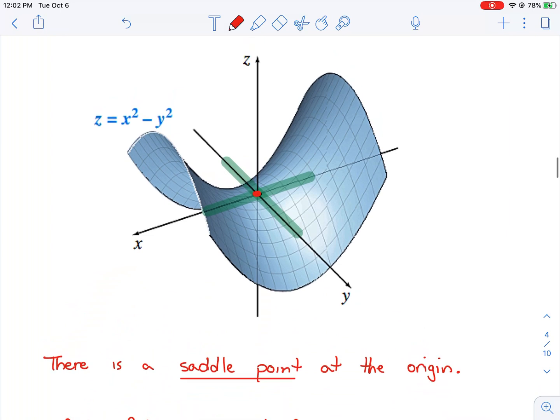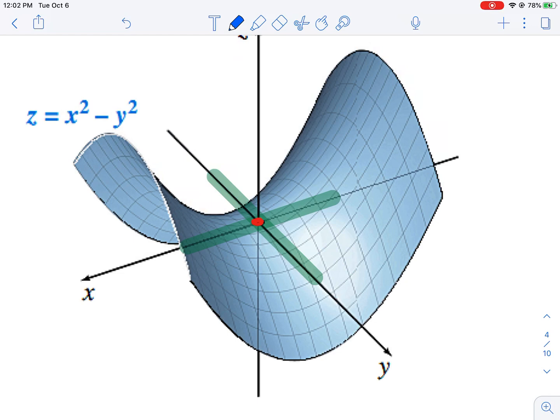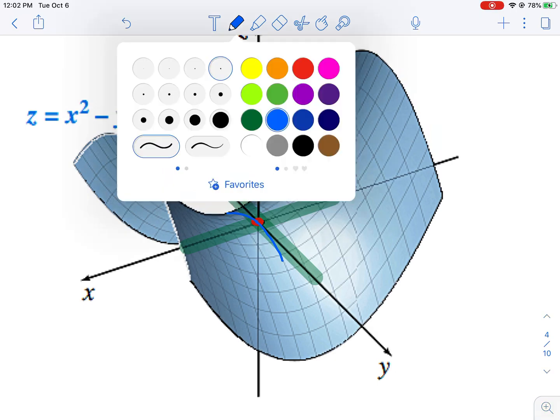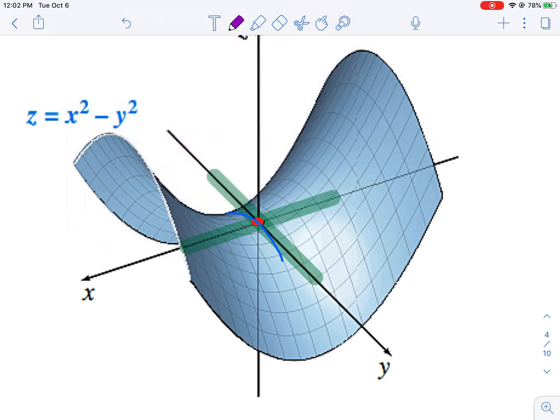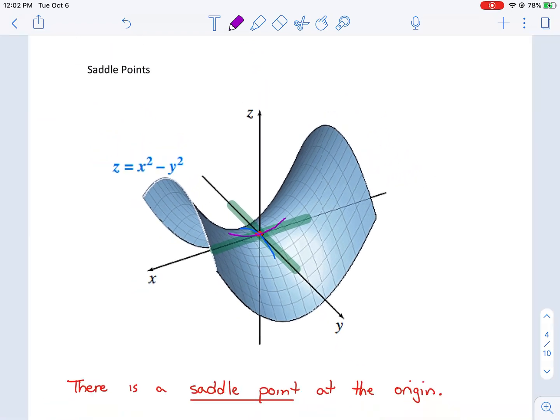But if we take a closer look at what is happening at the origin here, if I were to trace some output values that were parallel to the y-axis, notice those output values are smaller than the output value at the origin. If I were to trace output values that were parallel to the x-axis, notice those output values are larger than the output value at the origin. So we can't make a conclusion as to whether the origin is a local max or a local min. Hence, we're going to call it a saddle point.